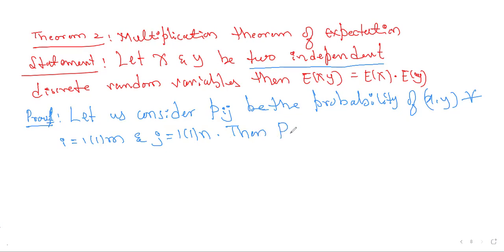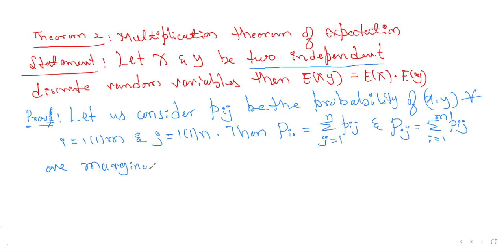Then capital Pi dot is nothing but the summation over j running from 1 to n of Pij, and capital P dot j is nothing but the summation over i running from 1 to m of Pij. These are the marginal probabilities of x and y respectively.